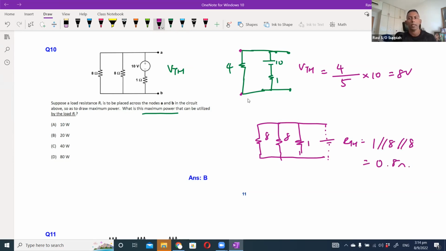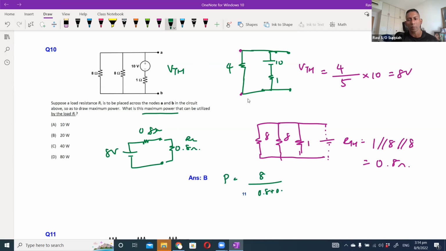So the final circuit here is 8 volt with 0.8 ohm. And for maximum power, RL is also 0.8 ohm, correct. So the power will be I square R, 8 over 0.8 plus 0.8, squared, multiplied by 0.8.